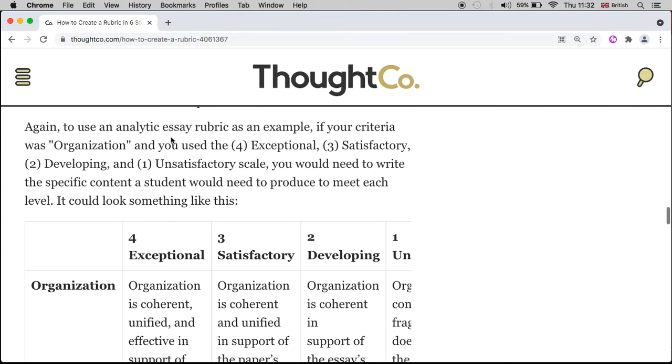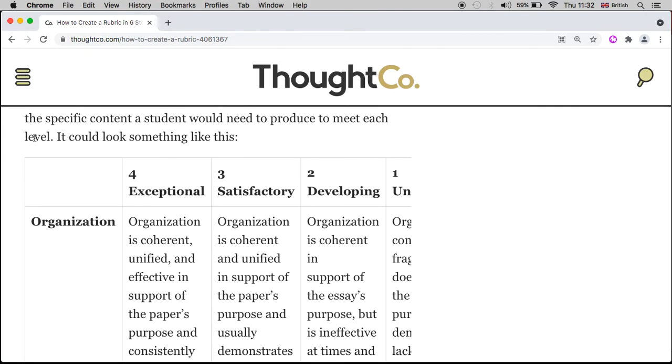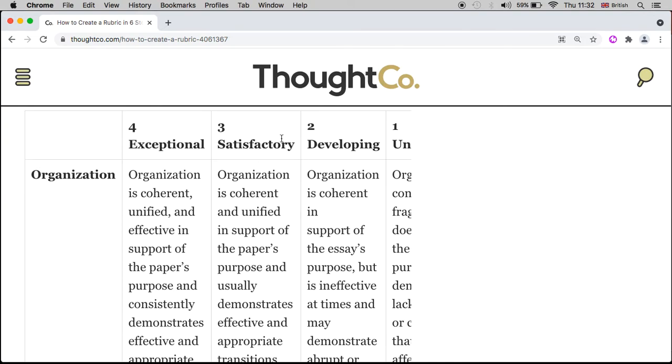Okay, so again, to use an analytic essay rubric as an example, if your criteria was organization and you used the 4 exceptional, 3 satisfactory, 2 developing, and 1 unsatisfactory scale, so 1 to 4, you would need to write the specific content a student would need to produce to meet each level. It could look something like this.